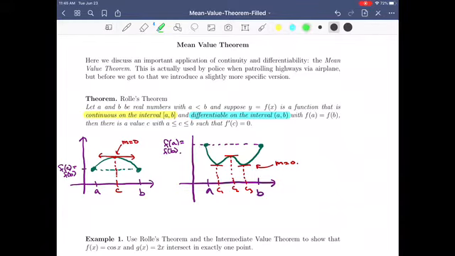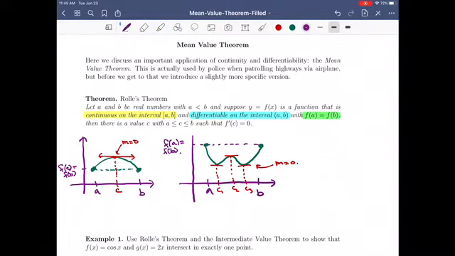And the last thing you need is that f of a and f of b are actually the same, so the y values are the same. So you have these three conditions. If they're all satisfied, then you get this special c value. Now, it does not tell you how to find it, just that it exists.